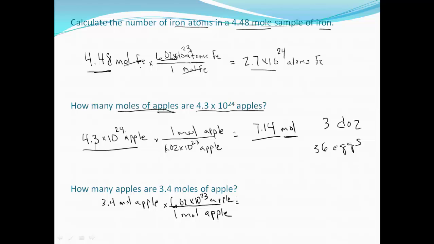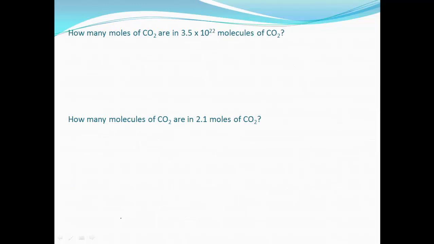So let's do the math. 3.4 times 6.02 times 10 to the 23rd, and we should get 2.05 times 10 to the 24th apples. Okay, let's move on. I'm going to start going through these with less explanation and just do the math so we can get through a bunch of these.